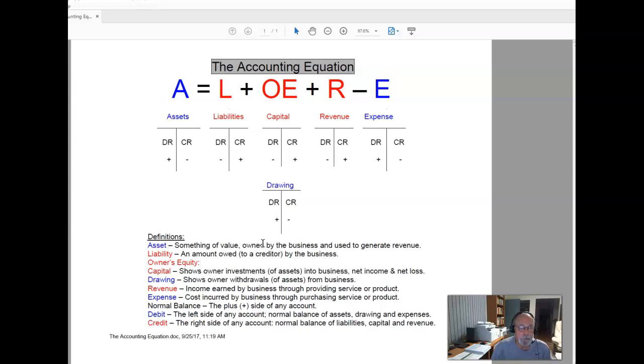If you look closely at those T accounts, you'll notice that for assets, expenses, and the drawing account, the debits are pluses, and correspondingly, the credits are minuses. Whereas for the liabilities, the capital, and the revenue accounts, the credits are pluses, and correspondingly, the debits are minuses.